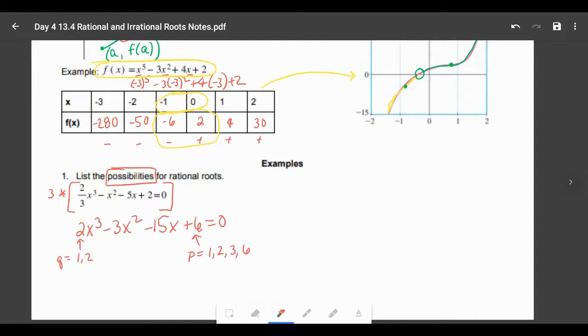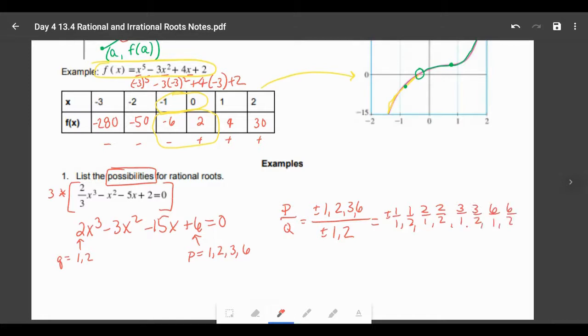So I just need to write these out. p's over q's can be any combination of positive or negative values with 1, 2, 3, or 6 in the numerator, and positive or negative values with 1 or 2 in the denominator. So I'm going to write that out. I could have plus or minus 1 over 1, 1 over 2, 2 over 1, 2 over 2, 3 over 1, 3 over 2, 6 over 1, and 6 over 2.